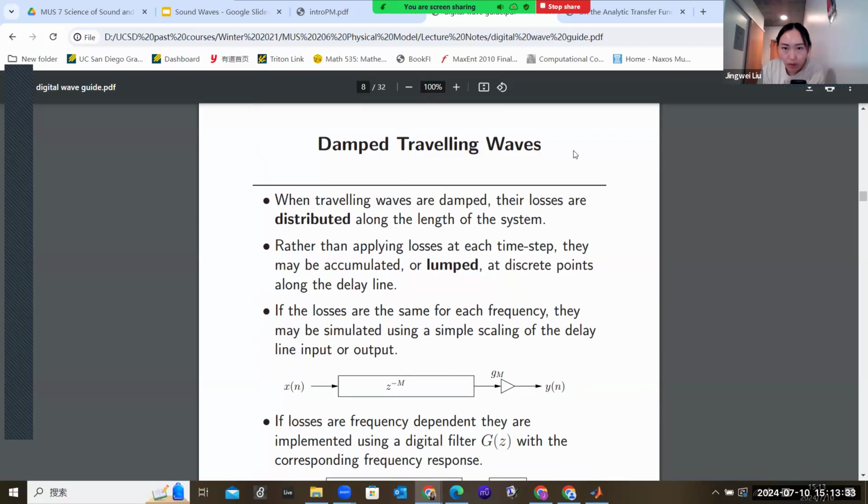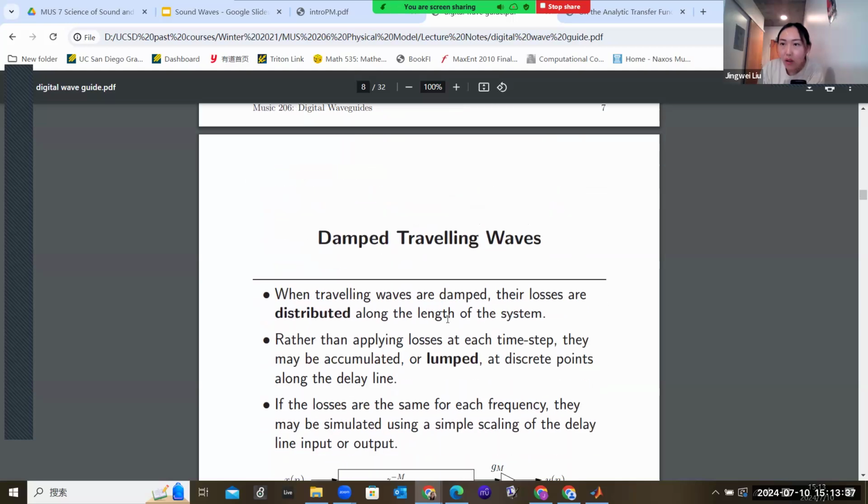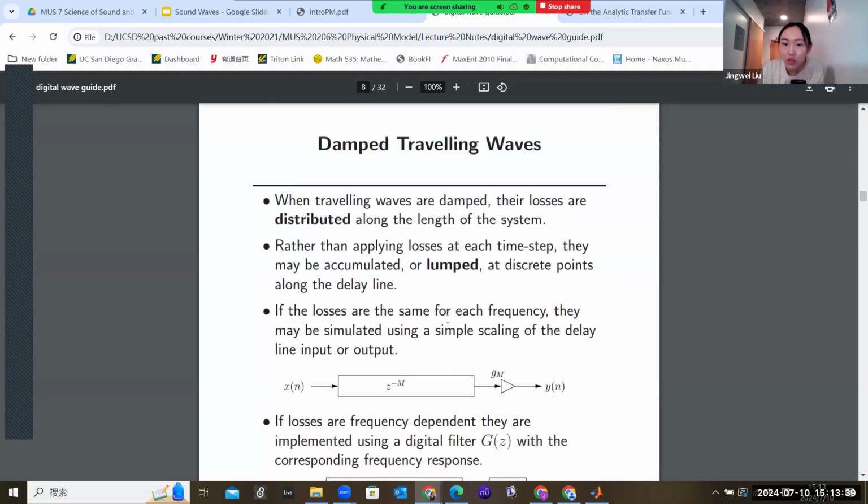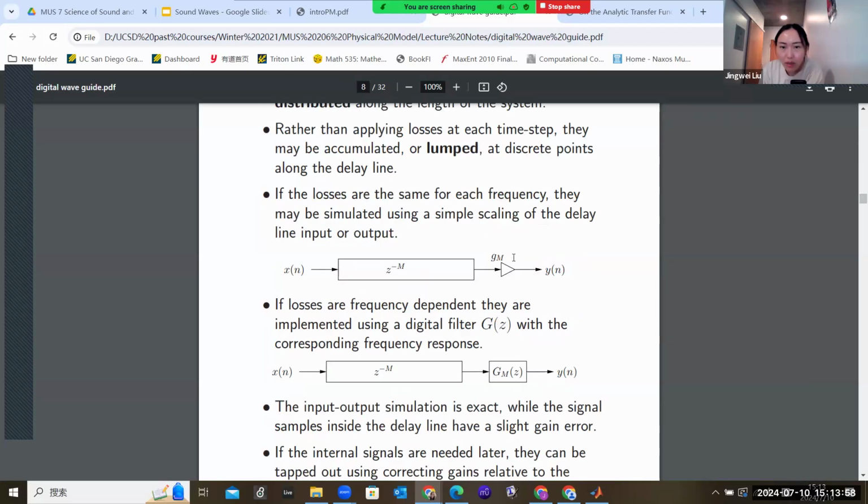So, damped traveling waves. In real life situations there is always damping. When something oscillates, the movement will eventually terminate, because either the air or the surface always has friction. It will damp the movement, and the damping is simulated either by a coefficient or a filter.